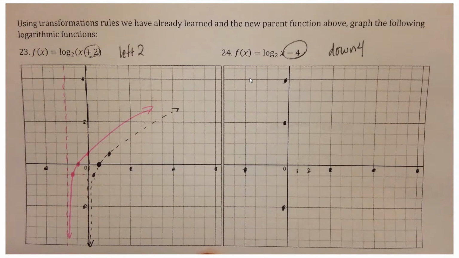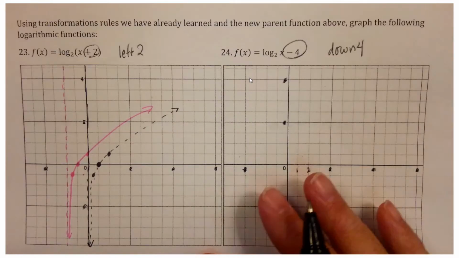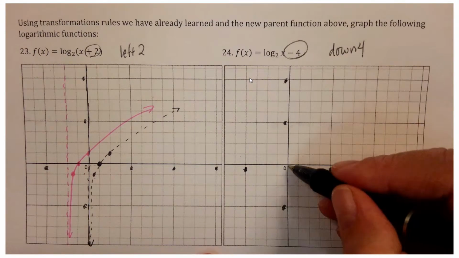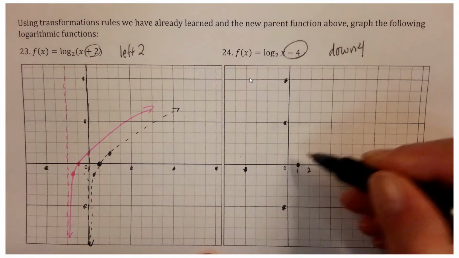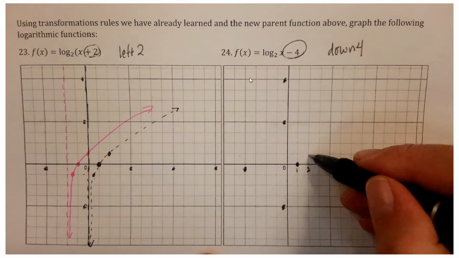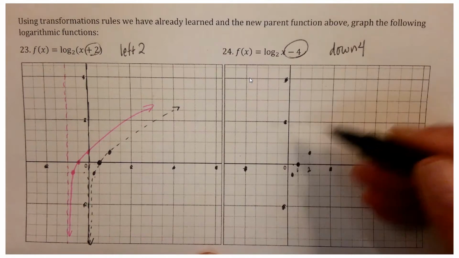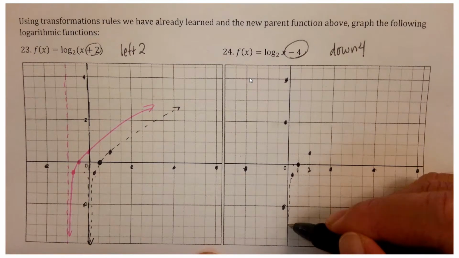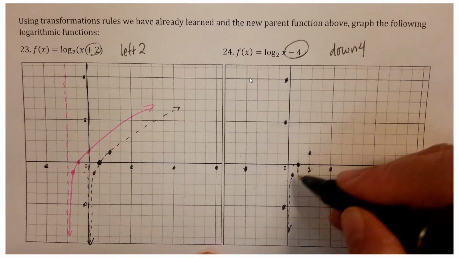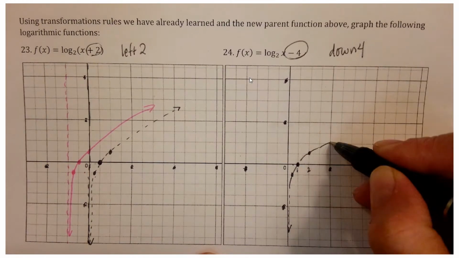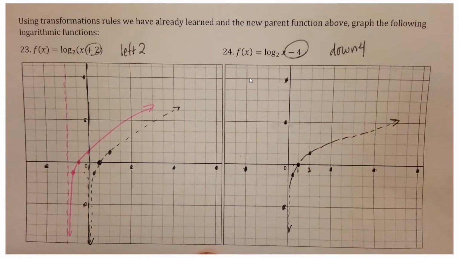Okay. So parent function again. (1, 0), (2, 1), (1/2, -1). Again, getting really, really close to this, but not crossing. And then this is going to shoot off to the right. Okay. So now moving each of these points down 4.